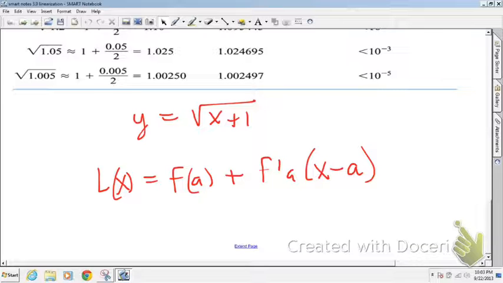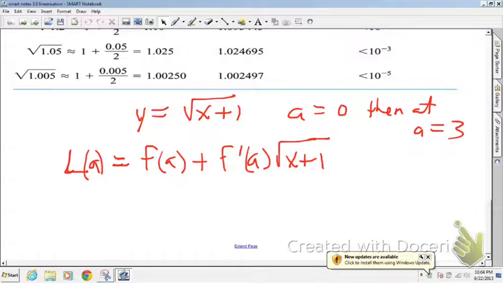So your function evaluated at a, and we want to choose values of a, at first at a equals 0, and then later we'll do it at a equals 3.